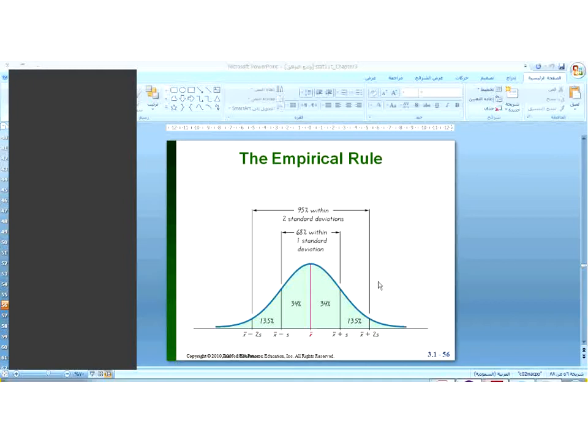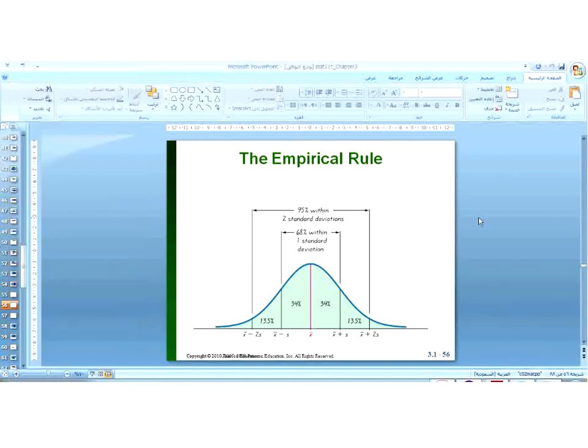So here it is. 68% of the values will fall within one standard deviation and 95% will fall within two standard deviations.